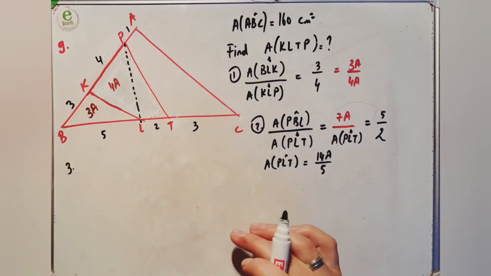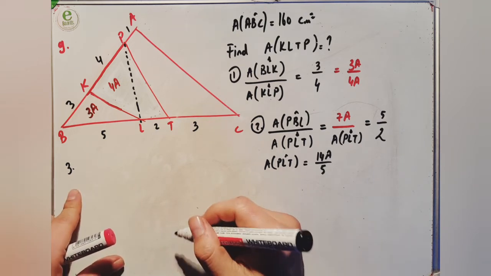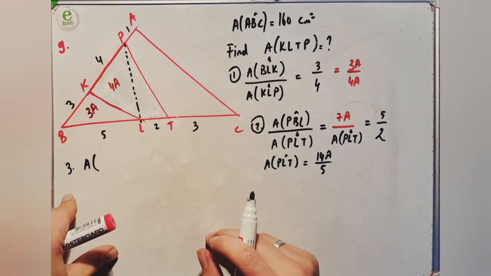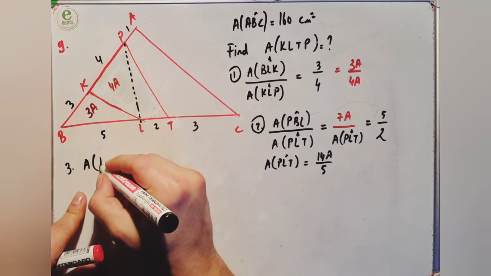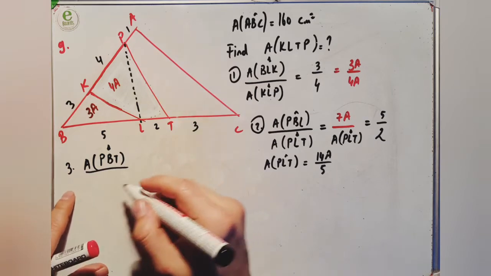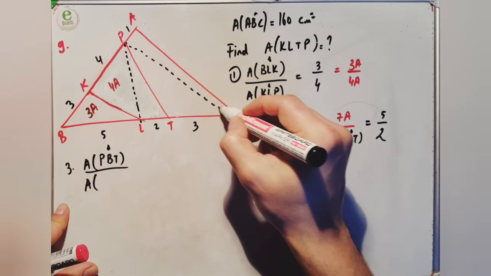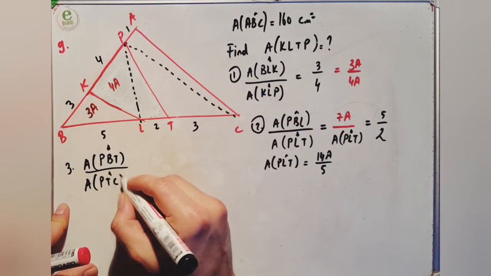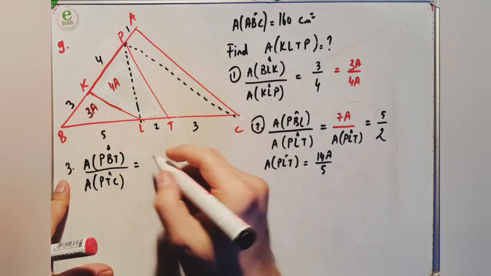And for the third step, the area of PBT over the area of PTC is equal to 7 over 3.